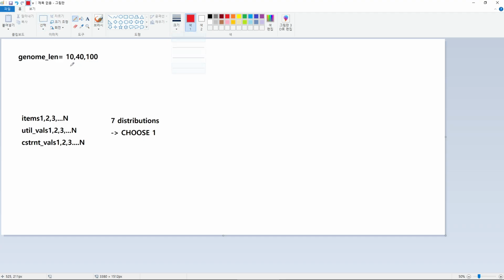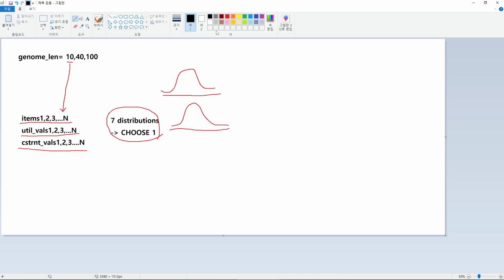And per number, I generate 10 items, for example, 10 utility values and 10 constraint values from one of the 7 distributions, but sampled separately, so they're not exactly the same. And then I do the evolution 5 times.